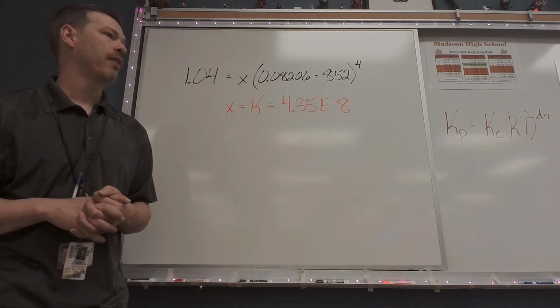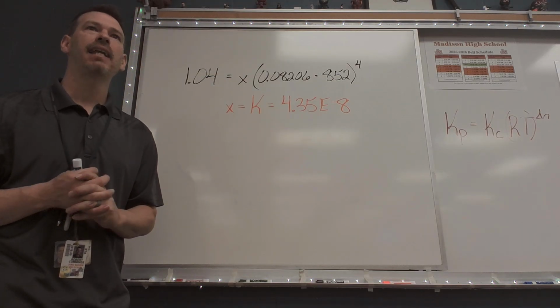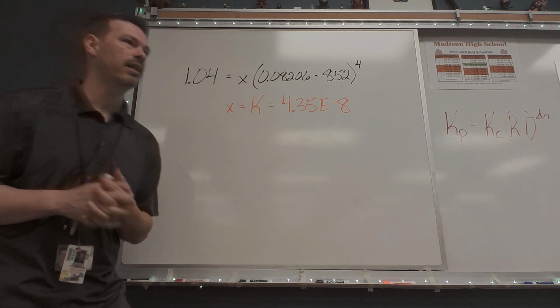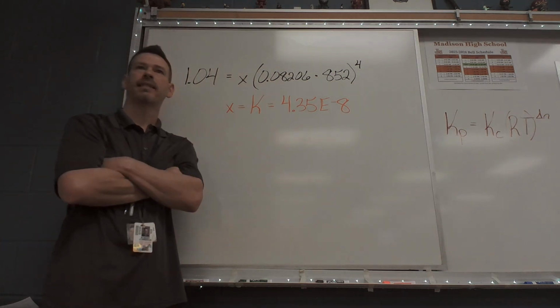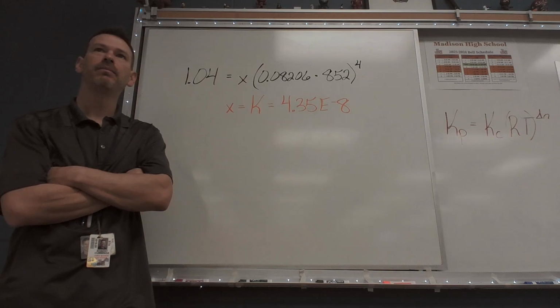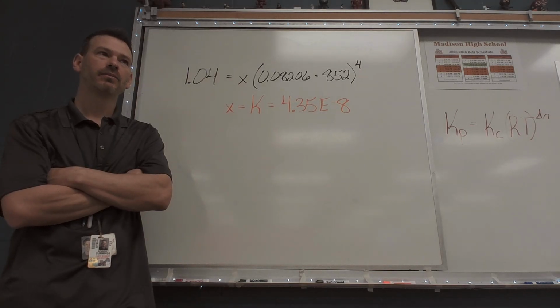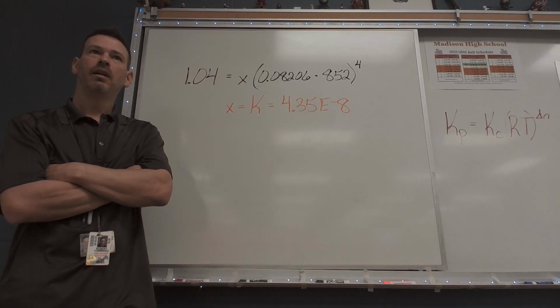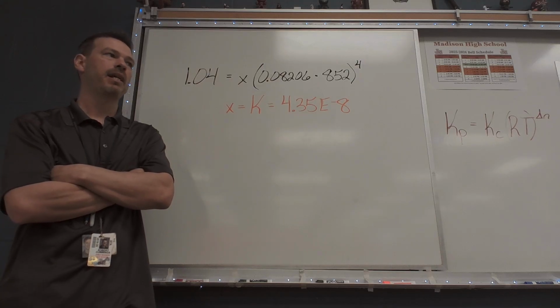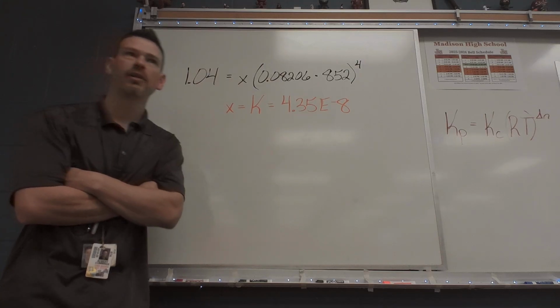I get 4.35 E negative 8. No units, because K has no units when it's the equilibrium constant. But I would like to ask somebody whether it's favored in forward or reverse, so let's call on someone.